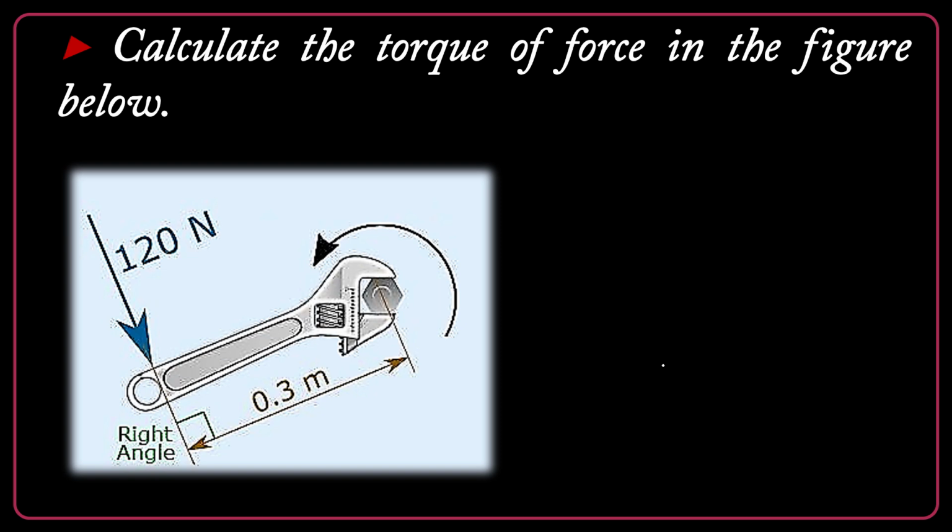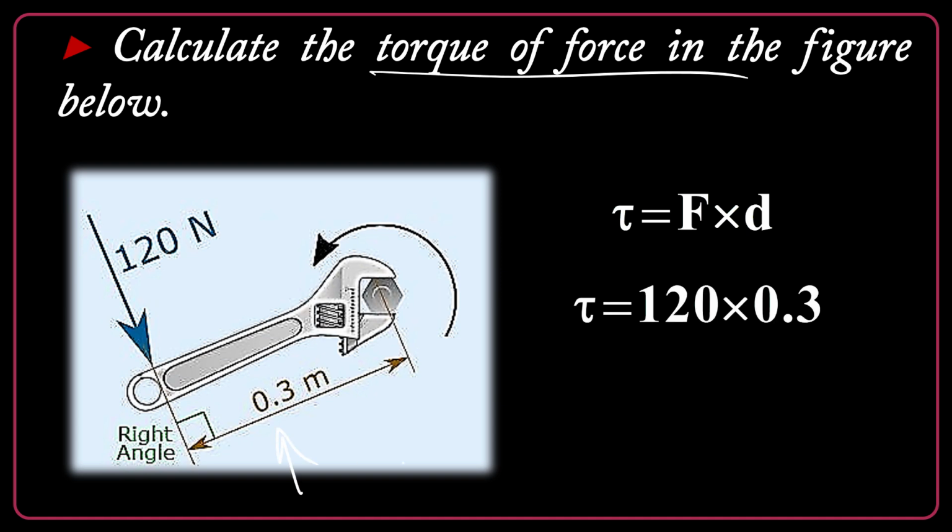Here we have a wrench, and the length of the wrench, I mean the distance from the point of action of the force to the center of rotation, is 0.3 meters, and the force acting on it perpendicular to the wrench is 120 Newton. The question is about the torque of this force. It's very easy. We just plug in the values. The force is 120, and the distance is given as 0.3, also an SI unit. So I can find the torque to be 36 Newton meter.